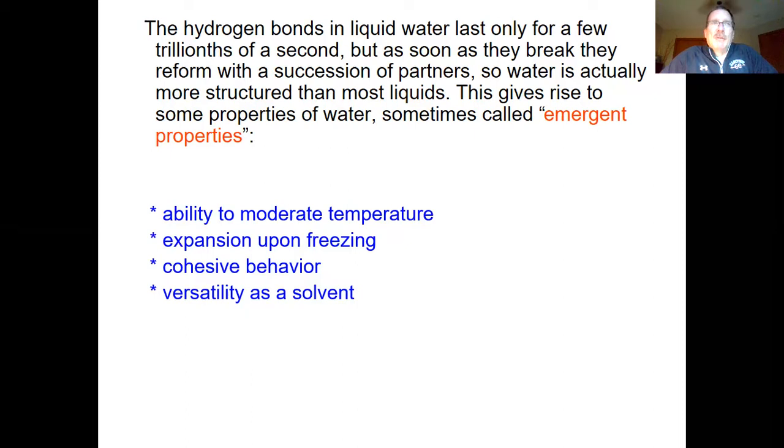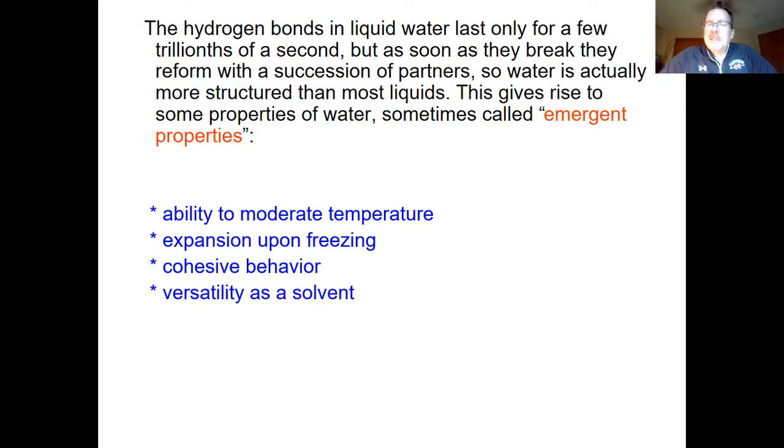And folks who live along the coast, either east or west, especially the West Coast, can tell you how it keeps the temperature moderated. It expands upon freezing, and the density of ice is less than the density of the liquid form, so it can float. That is the only substance that has that difference.